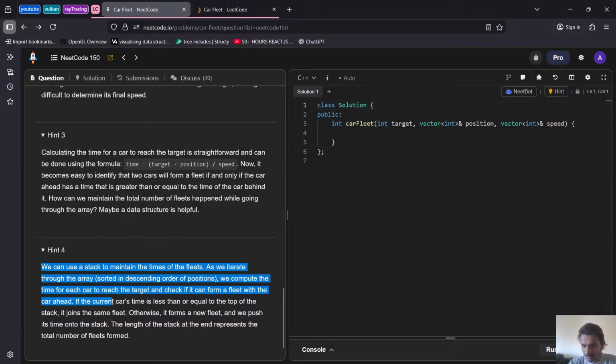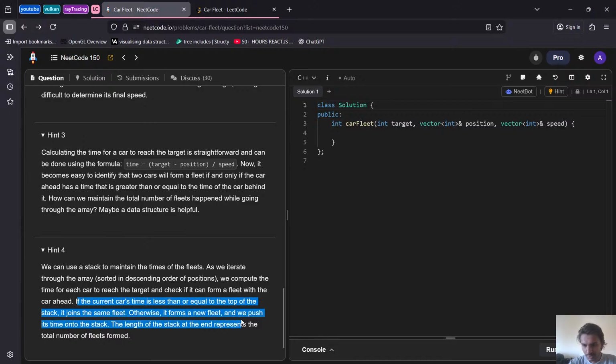If the current car time is less than or equal to the top of the stack, it joins the same fleet.